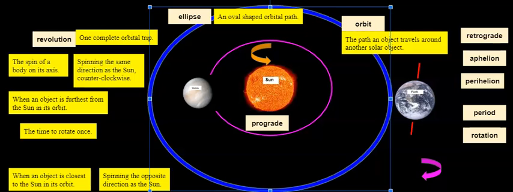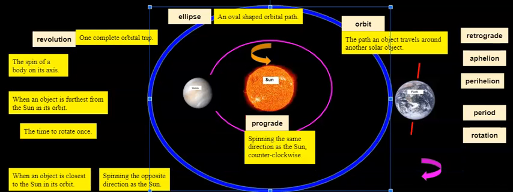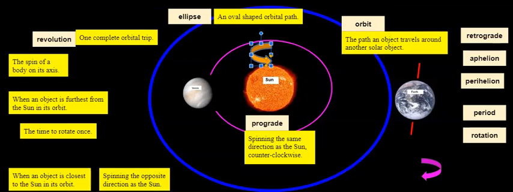So let's label that. Bring our label over here. So spinning the same direction as the sun, which is counterclockwise, is prograde. Okay, so the Earth rotates prograde. Let's go ahead and copy this arrow and move it over here to the Earth to show the Earth rotates prograde also. Okay?